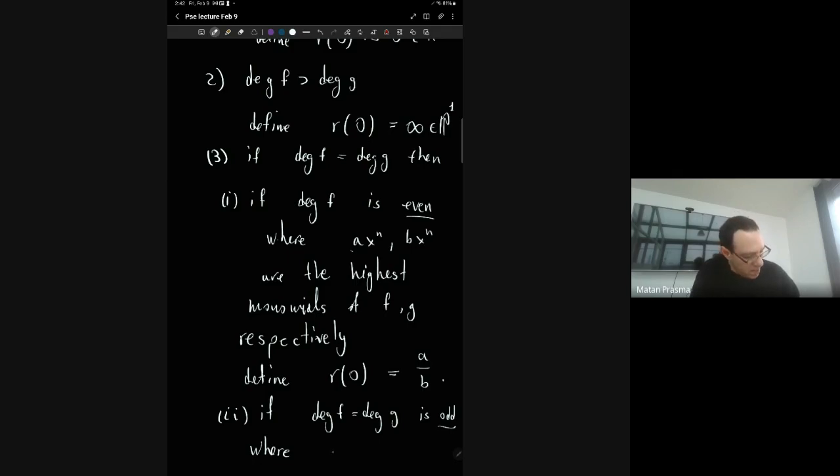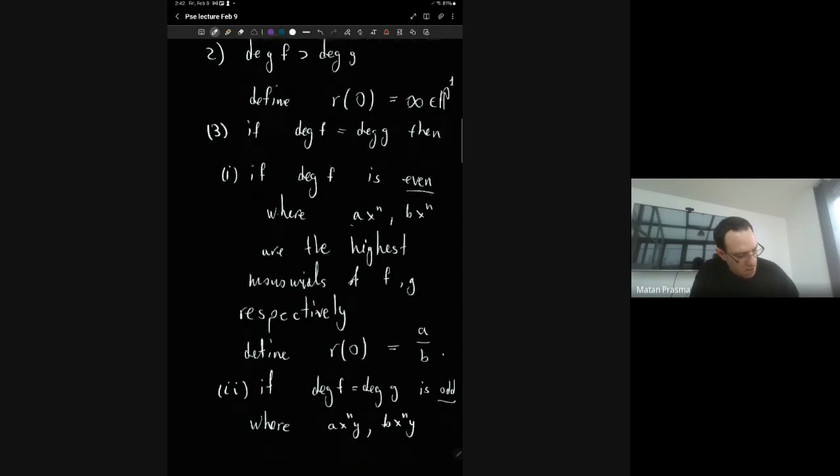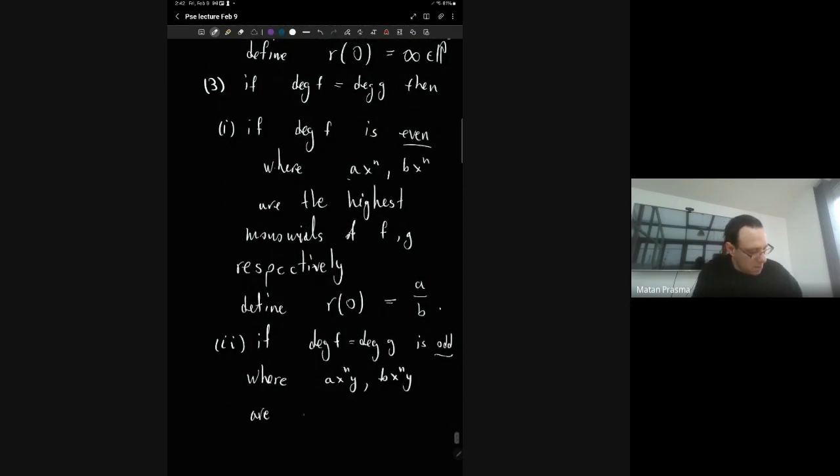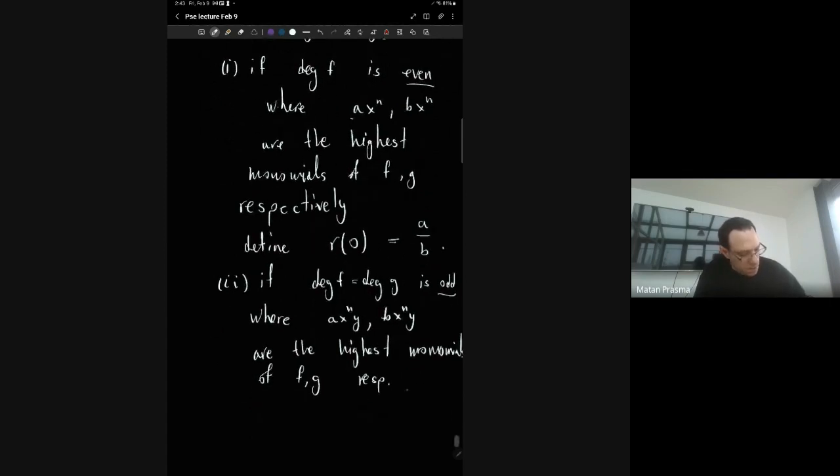So let's say a x^n y, b x^n y are the highest monomials of f and g respectively. I define R of O to be A over B.